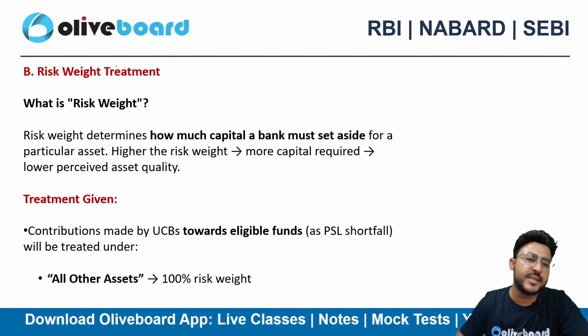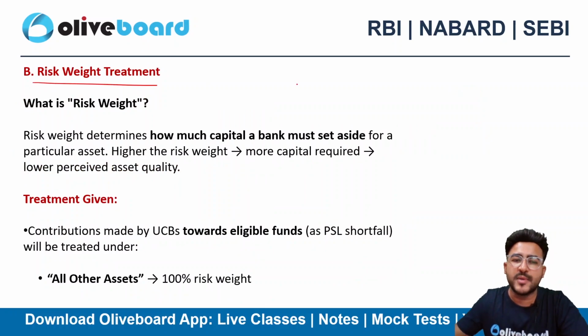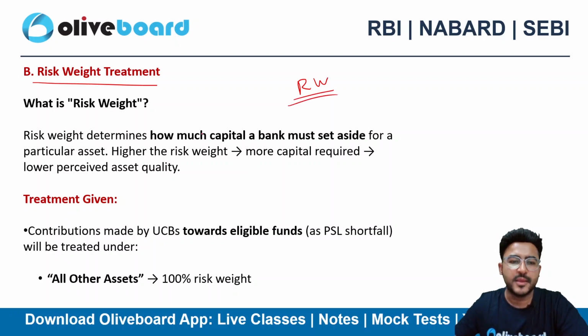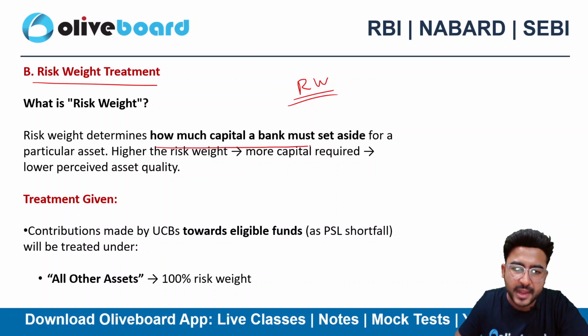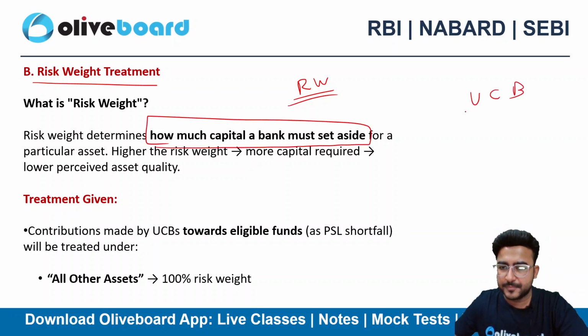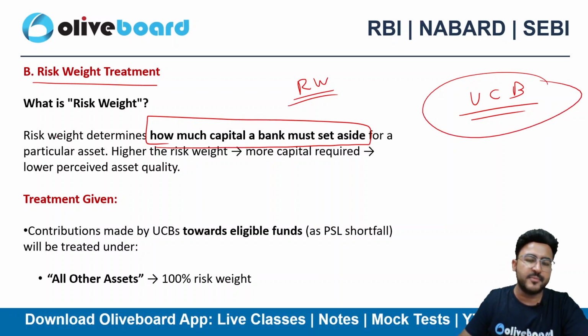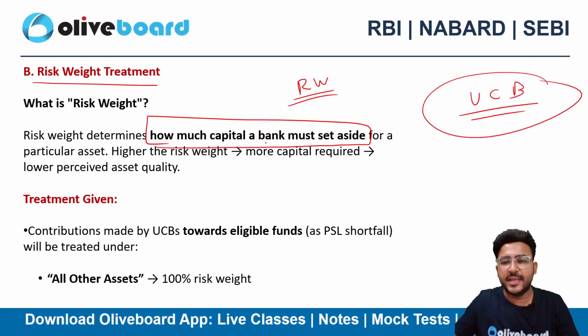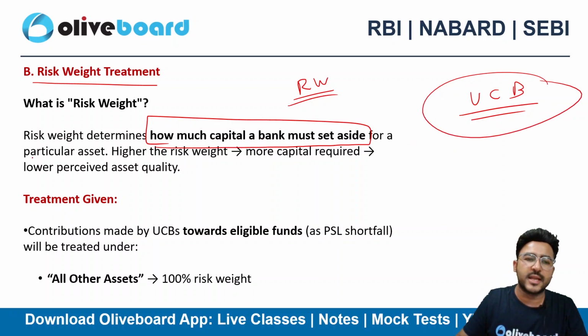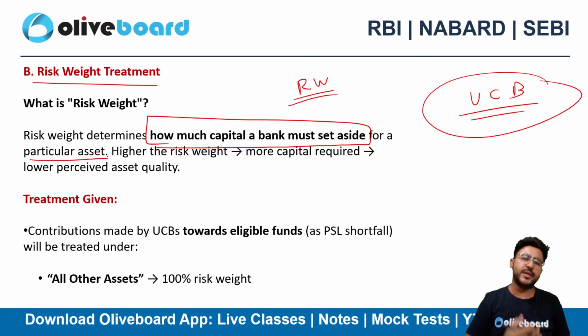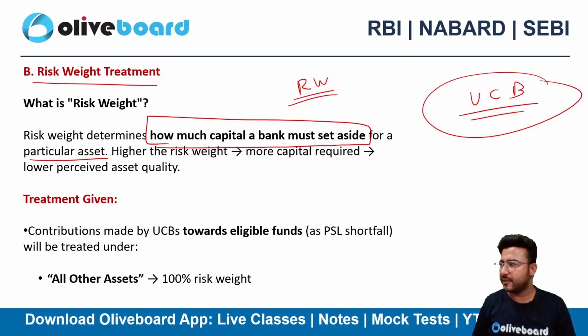Now risk weight treatment. How much risk weight will you give if you are contributing towards these fund institutions? Risk weight determines how much capital a bank sets aside. Suppose I'm a UCB, what does risk weight mean? How much capital I need to set aside for a particular asset. This asset is a contribution to an institution, or a loan to PSL.